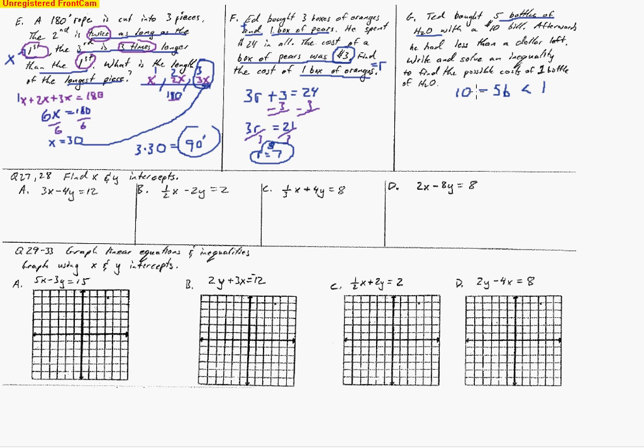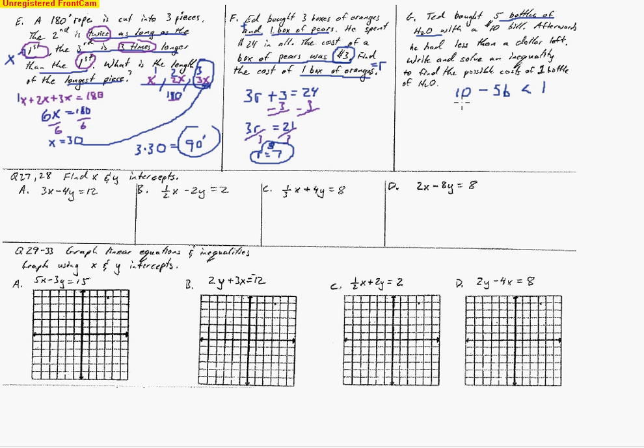So this amount here, B, was less than $1. Well, once we subtract this negative 5B from the $10 bill, we have less than $1. Write an inequality. Oh, we just did that. Write an inequality. Find the possible cost of $1 for the water.